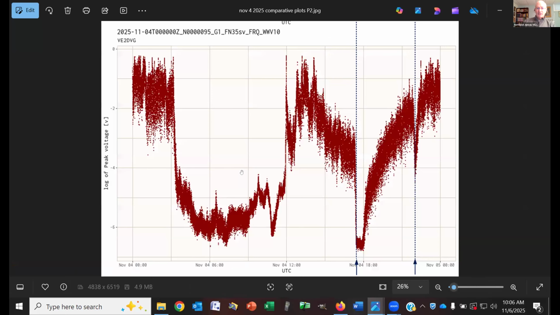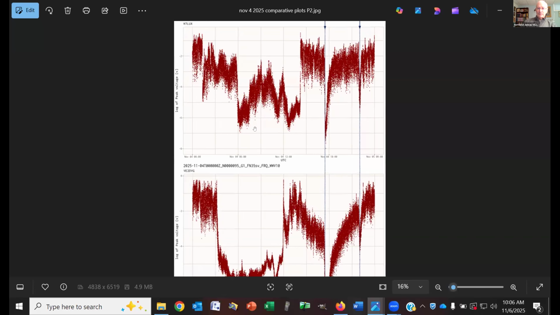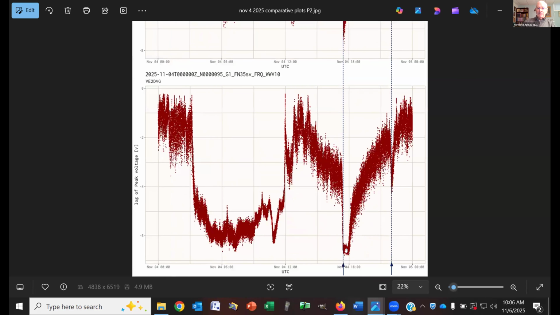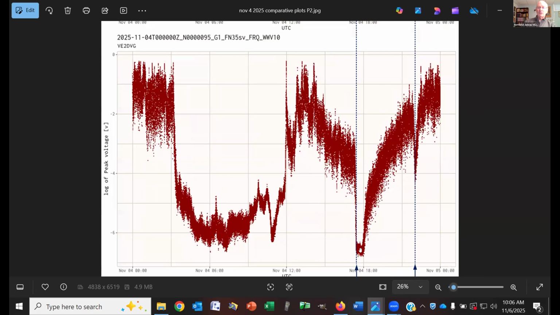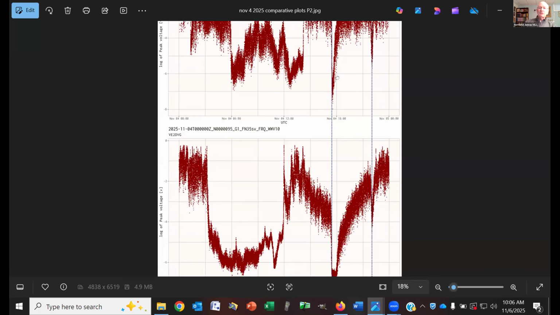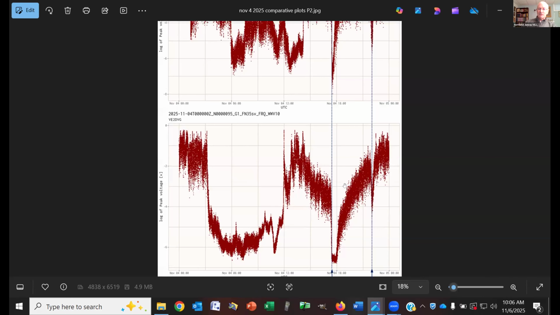The other thing I've noticed is that I've plotted the CSV file, and on Joe's plot at the top, it recovers fairly quickly from the X-ray burst. On mine, it stays down for about an hour prior to the signal level going up again. So it was interesting to see that the ionosphere was not affected the same way overhead here.